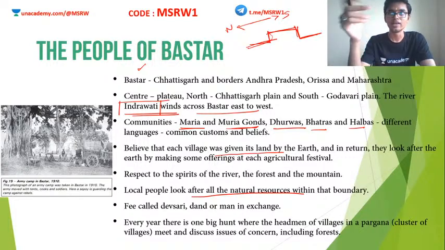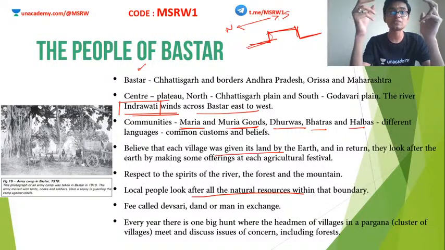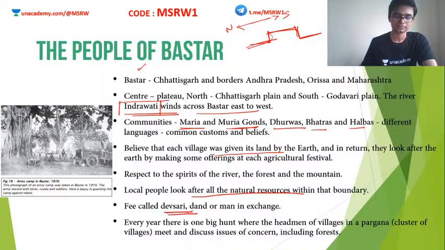When a person from one tribe went to collect something from another tribe, he was supposed to give a tax or fee in exchange, and this fee was known as Devsari, Dand or Man. These are the fees that were levied on another tribe when they came to collect some product from a different tribe. Clear?